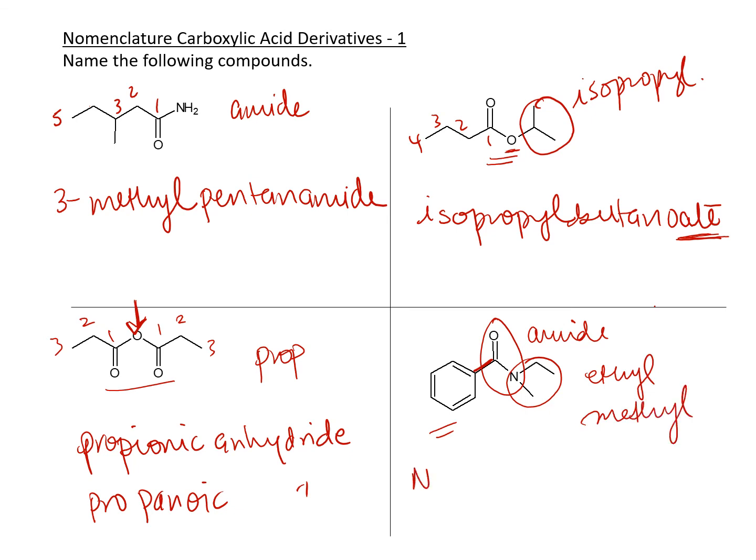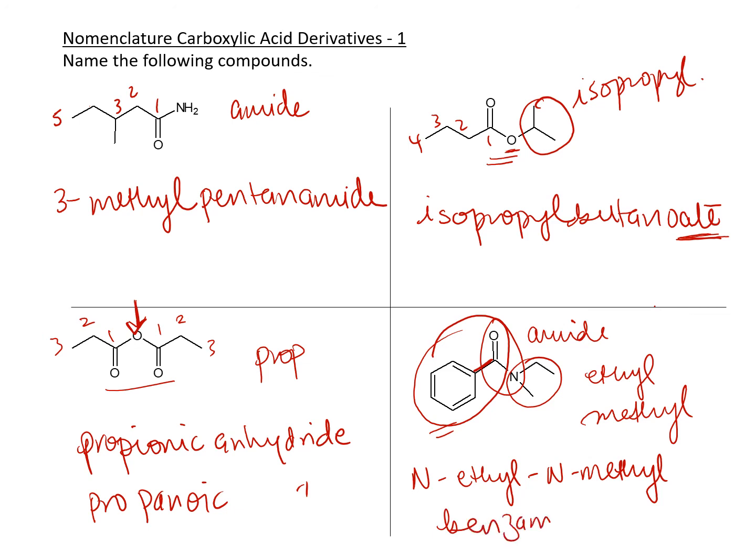So I will write it as N-ethyl, N-methyl. I have to write the N again. N-ethyl, N-methyl, and now when I look at this fragment right here, this is going to be benzamide, coming from benzoic acid. So N-ethyl, N-methylbenzamide. That's the name of the last compound.